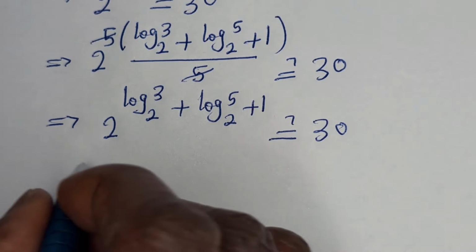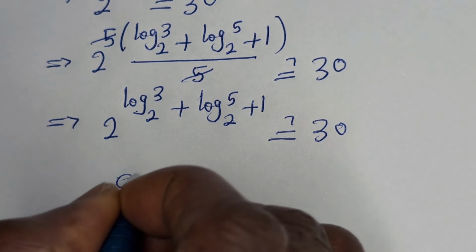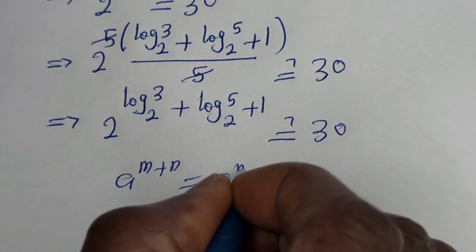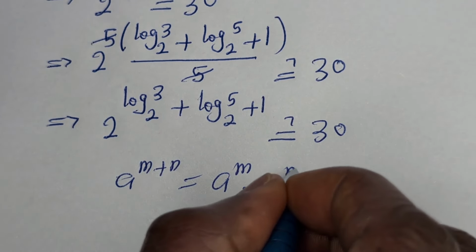And this can be written as, if you have a raised to power m plus n, this is equal to a raised to power m multiplied by a raised to power n.